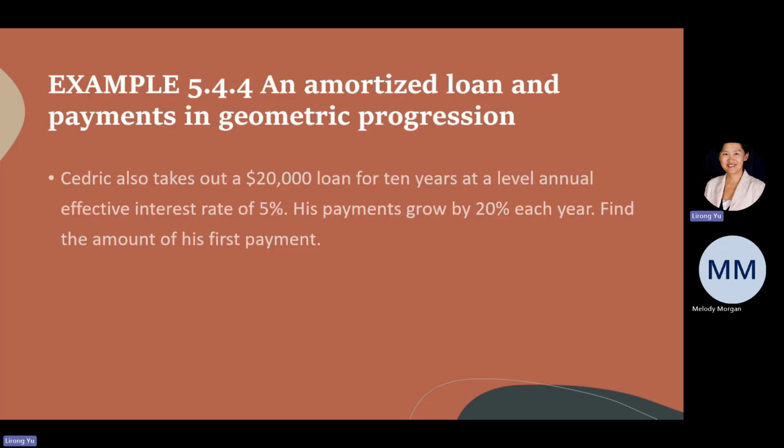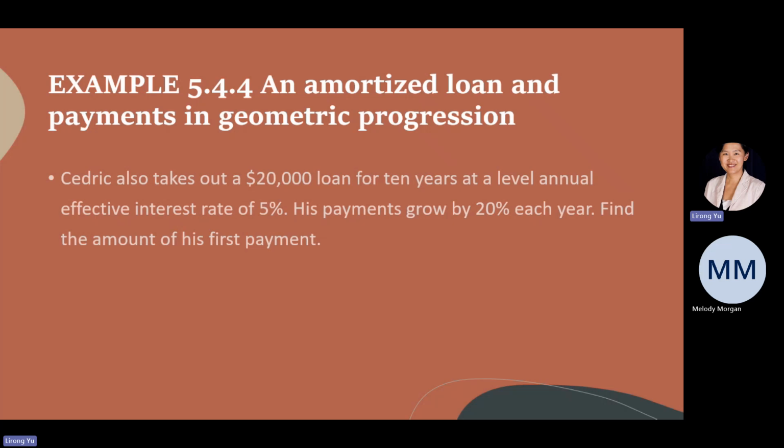So basically, the section handles a couple of scenarios. If you have a plan, we determine a reasonable way to work it out. This question is saying if we have a geometric progression, how would the payment work? Civic also takes out a 20,000 loan for 10 years at a level annual effective interest rate of 5%.